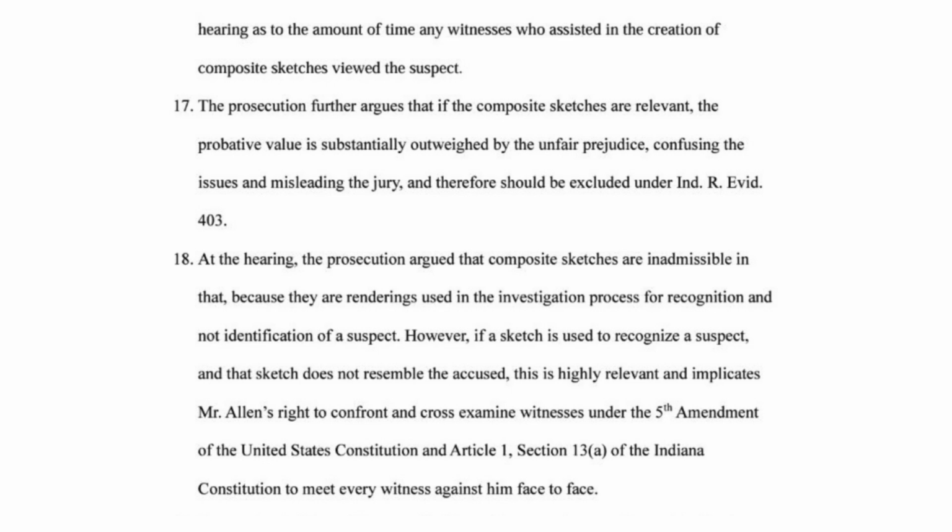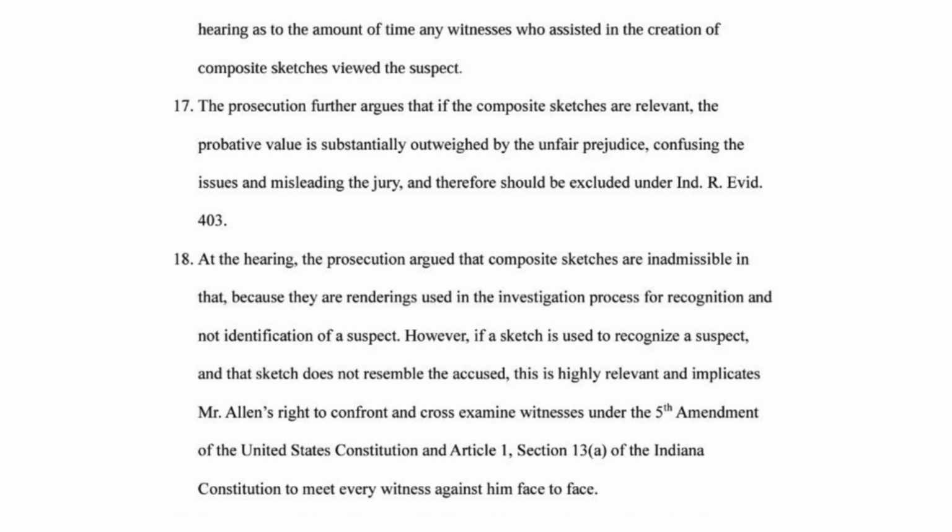17. The prosecution further argues that if the composite sketches are relevant, the probative value is substantially outweighed by the unfair prejudice, confusing the issues and misleading the jury, and therefore should be excluded under Indiana Rule of Evidence 403. 18. At the hearing, the prosecution argued that the composite sketches are inadmissible because they are renderings used in the investigation process of recognition and not identification of a suspect.